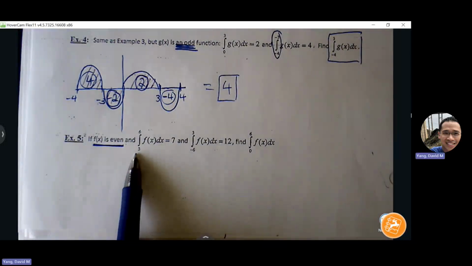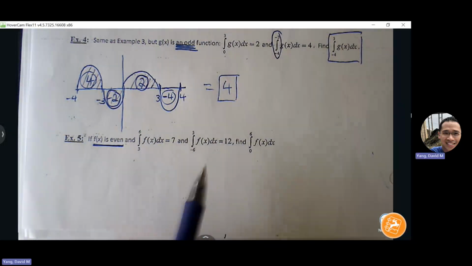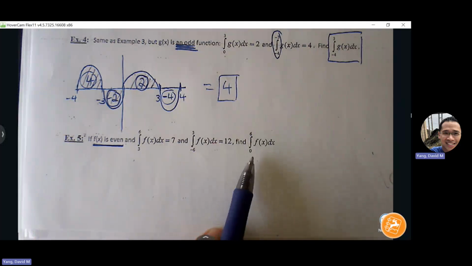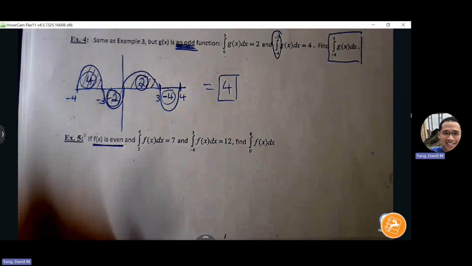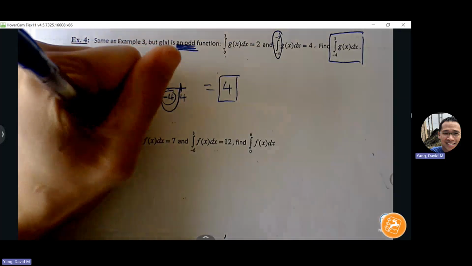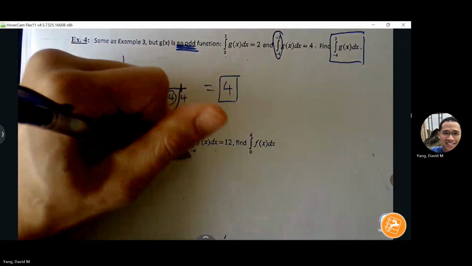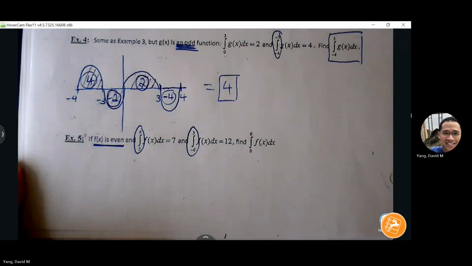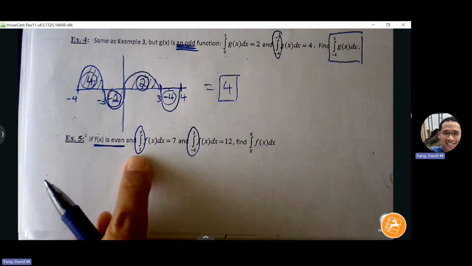It says if the integral from 3 to 6 is equal to 7 and from -6 to 3 is 12, find the integral from 0 to 6. So first things first, look at your width. Where do we start? That's the shorter interval, right? Okay.